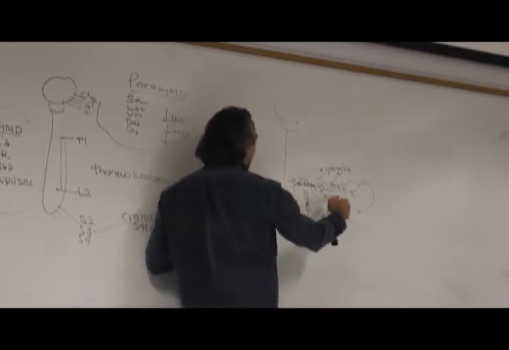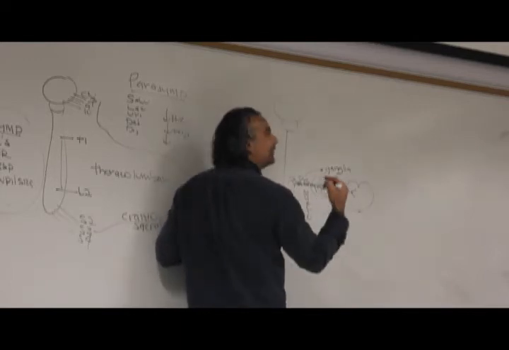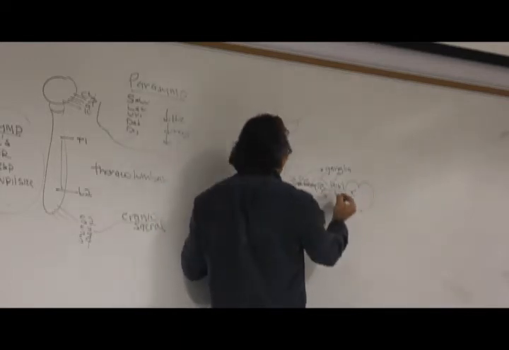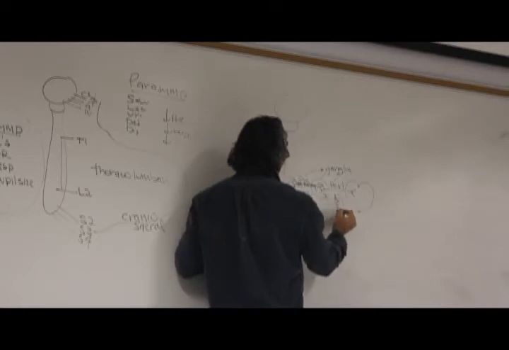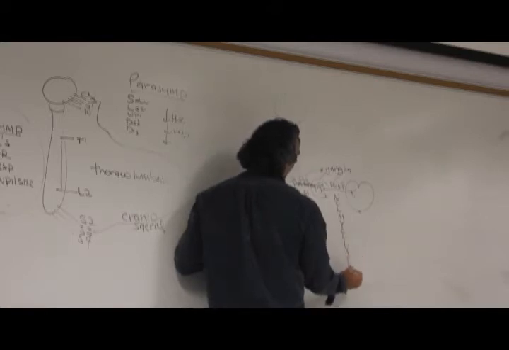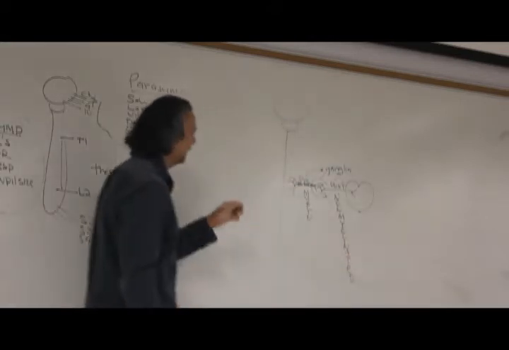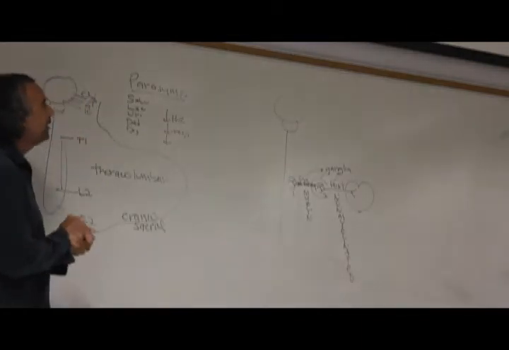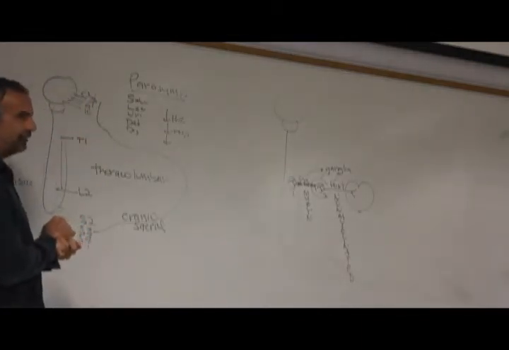What are my post-ganglionic ones? They're unmyelinated, or non-myelinated. So we'll say non-myelinated for those. Okay, that looks pretty good. Are we okay with that? So far so good? Didn't lose anybody?